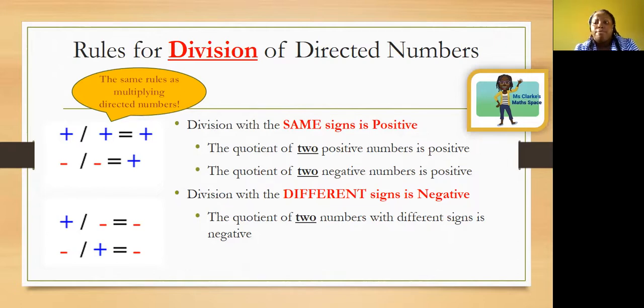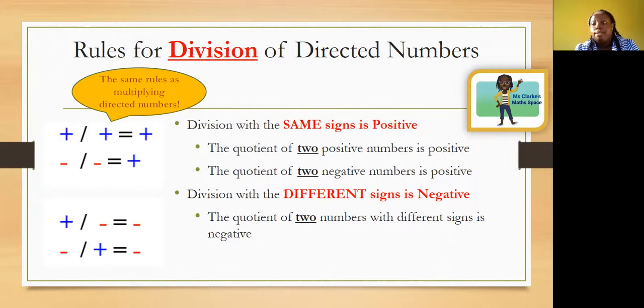In division, the result is known as a quotient. So that's why I said the quotient of two positive numbers is positive. Take, for example, 4 divided by 2. 4 is a positive, 2 is a positive. 4 divided by 2 is 2.